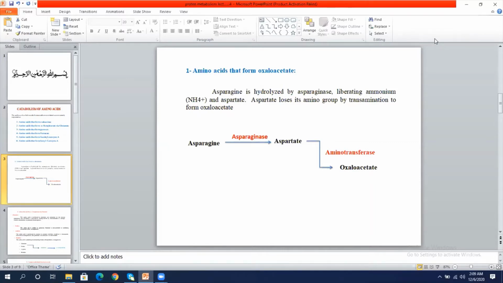The reaction is presented: asparagine, by the action of asparaginase, is converted into aspartate, and aspartate in the presence of aminotransferase enzyme forms oxaloacetate.